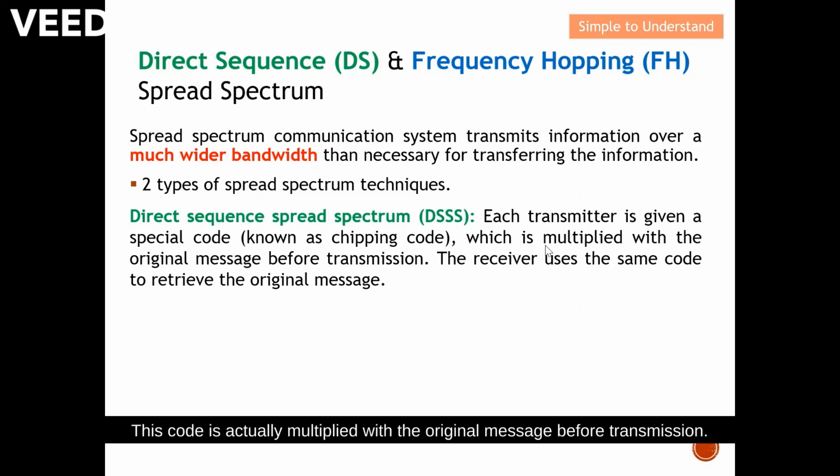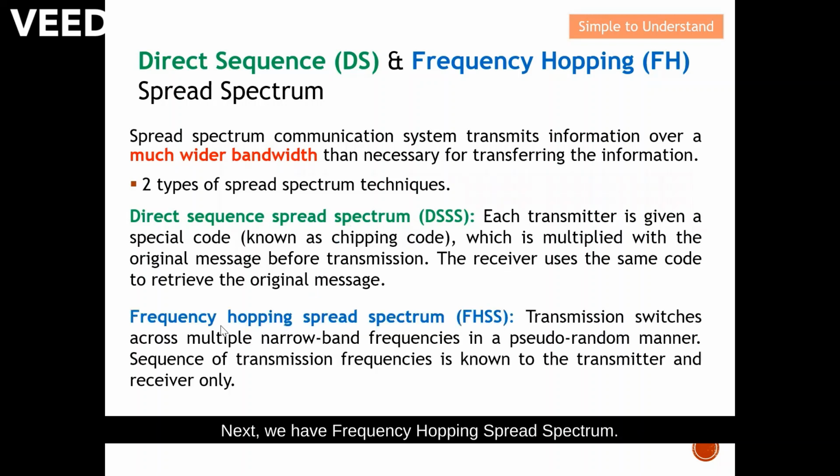The code is multiplied with the original message before transmission, so they do a form of encryption by multiplying the code with the message before it is transmitted. The receiver uses the same code to retrieve the original message. So this is the first type, direct sequence spread spectrum.